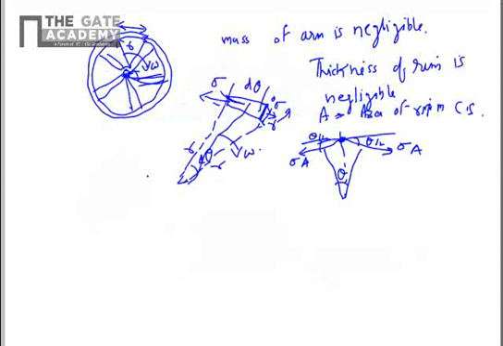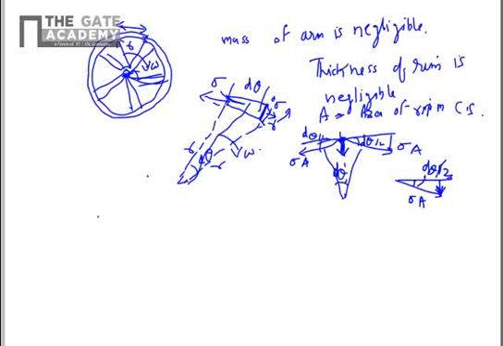Actually this angle is d theta by 2, since we have considered a small angle d theta. If you see the component of the stress force along the center line, in this triangle this is the sigma A force, and this is the component along the center, with angle d theta by 2.